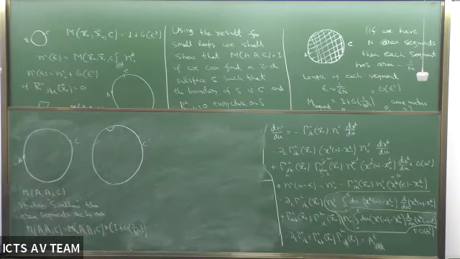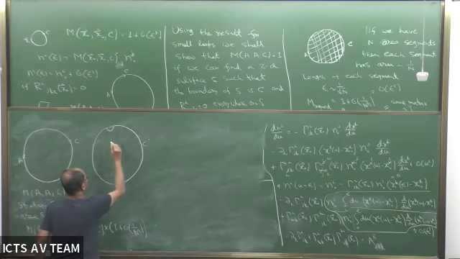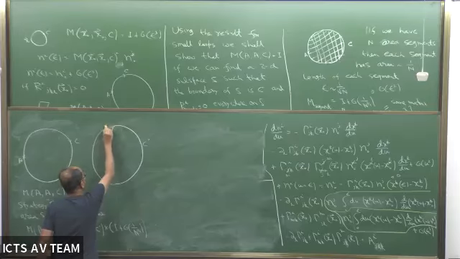So for this, let's try to do another one. Let's call this point B. And then this little curve we'll call C double prime.